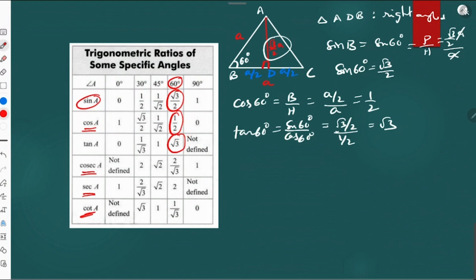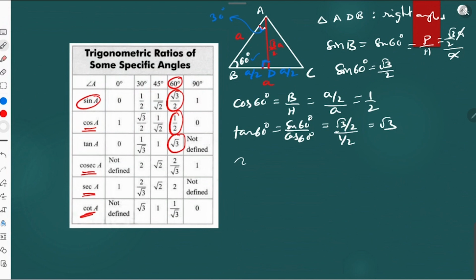Now, look at it. In this triangle only, what would be the angle at A in that right angled triangle? Angle at A is 30 degrees. So in the right angled triangle, one angle is 90, one angle is 60, the other angle will be 30.